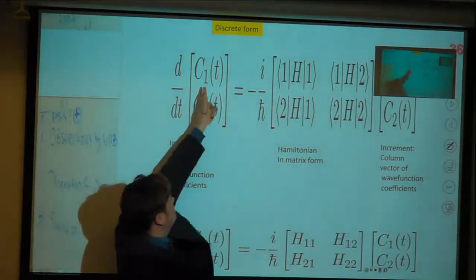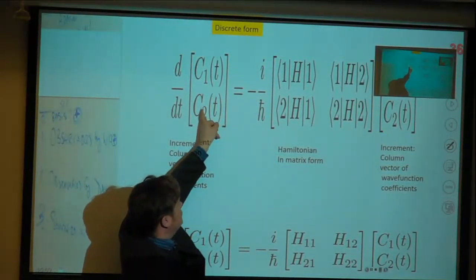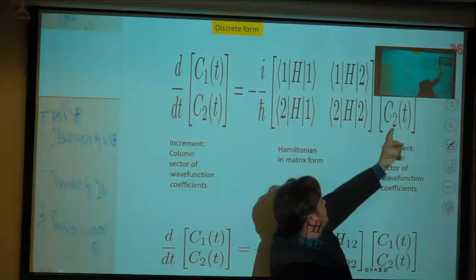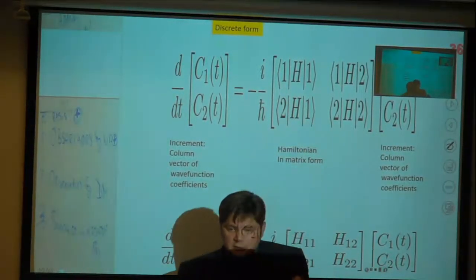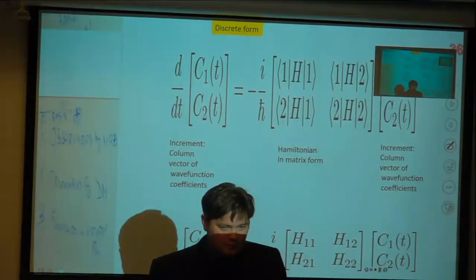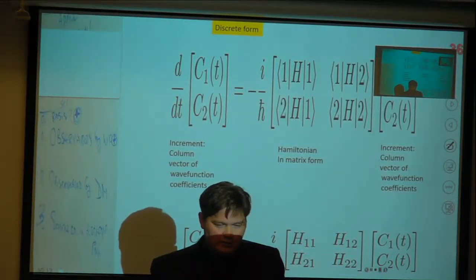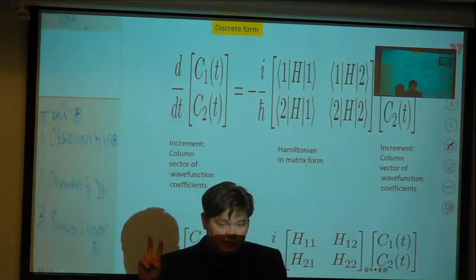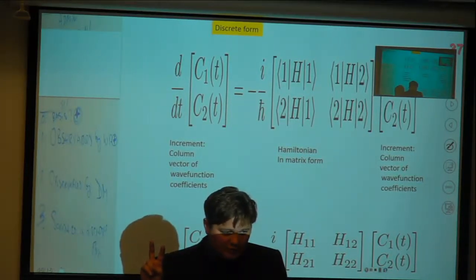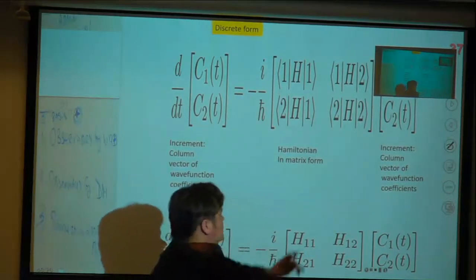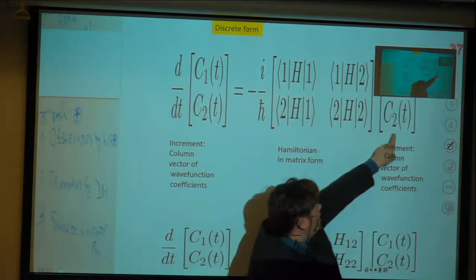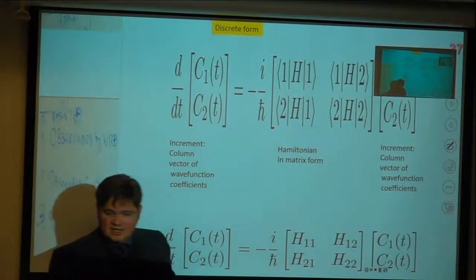Expansion coefficients C1 and C2, and the matrix elements of the Hamiltonian operator. So there are two types: matrix elements of our operator of interest and matrix elements of the Hamiltonian operator. If you know them, they drive the time propagation of the expansion coefficients.